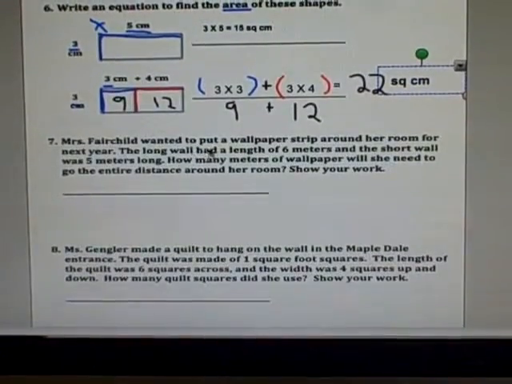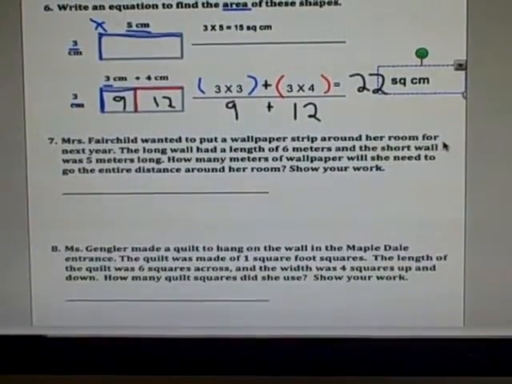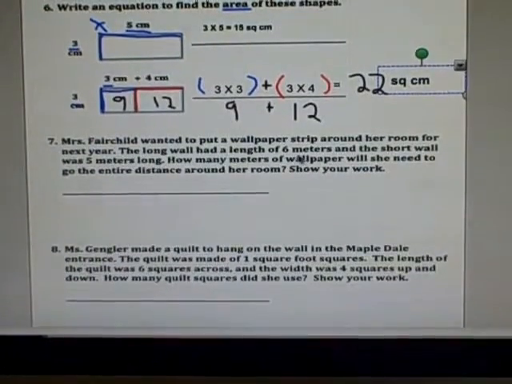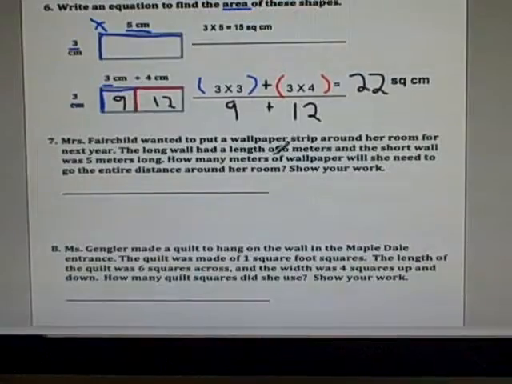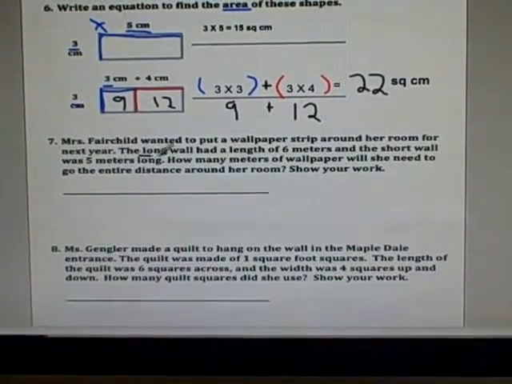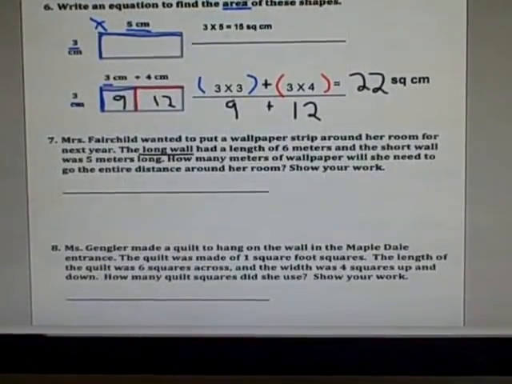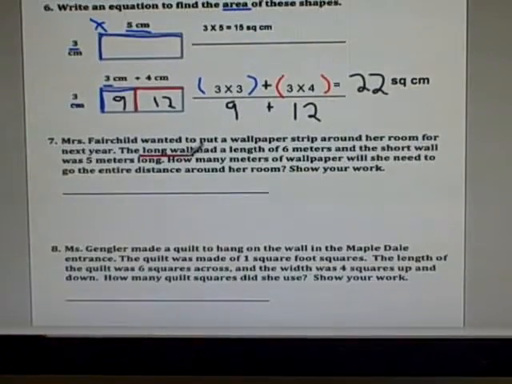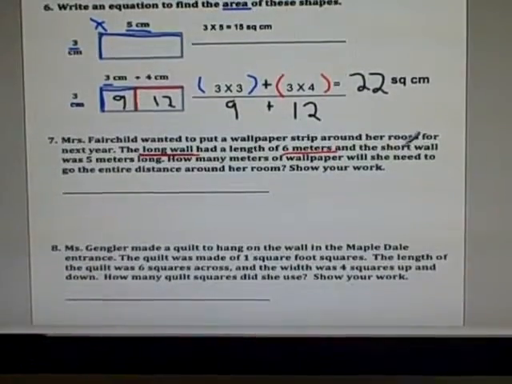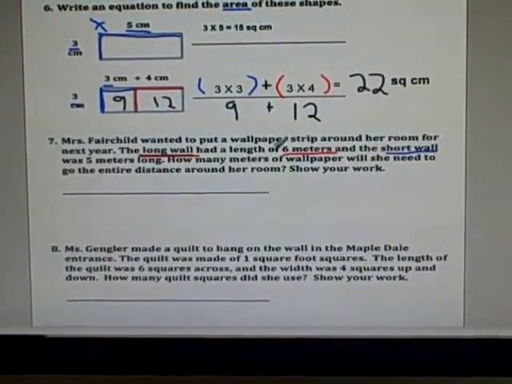Mrs. Fairchild wanted to put a wallpaper strip around her room for next year. The long wall had a length of 6 meters. Long wall, let's make that red actually, had a length of 6 meters. And the short wall was 5 meters long.